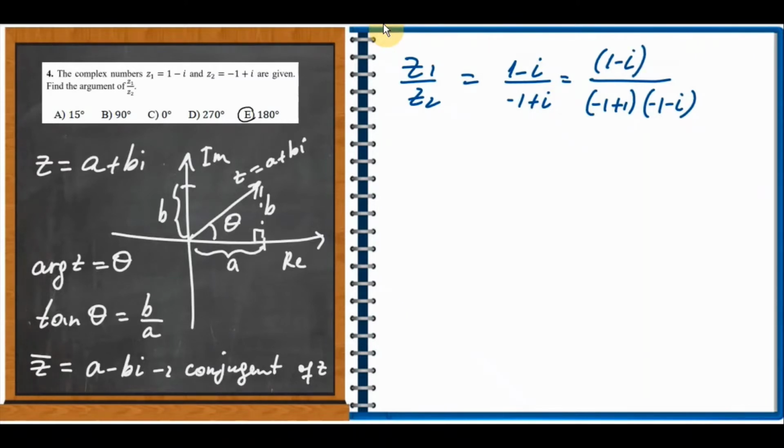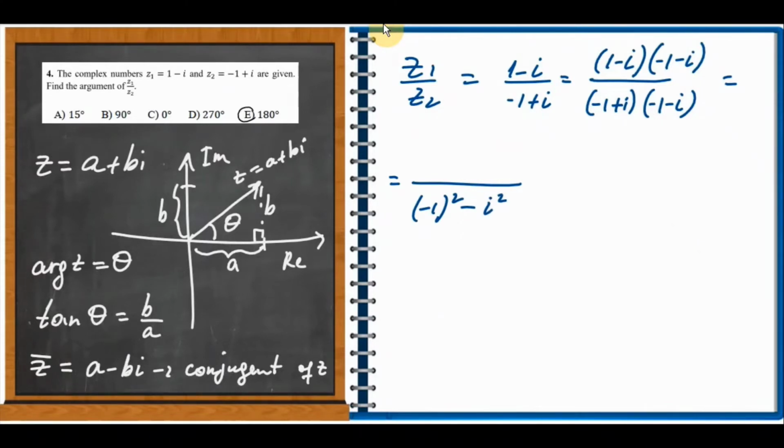So we will multiply the numerator and denominator by the conjugate. Now, after doing this, we will get the a squared minus b squared formula, because when we have a plus b multiplied by a minus b, it's going to be a squared minus b squared. So negative 1 squared minus i squared.